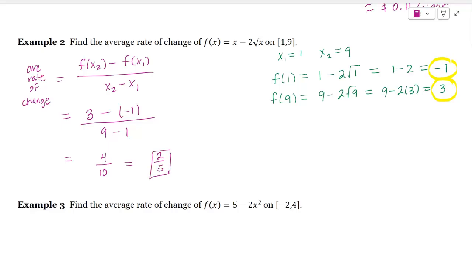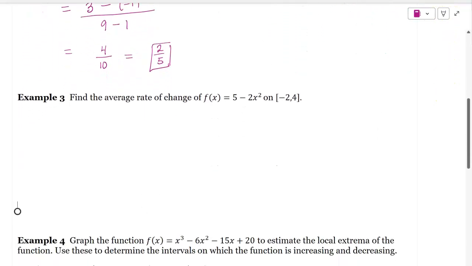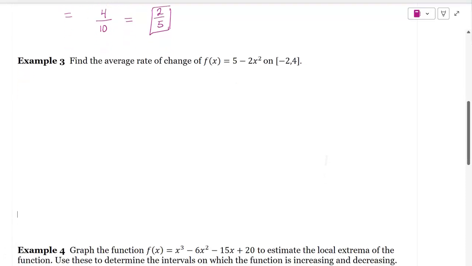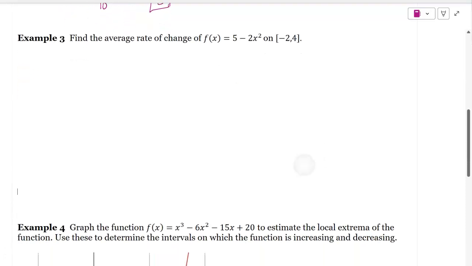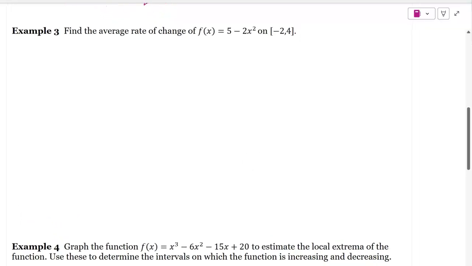Let's do another example. Let's find the average rate of change for this function between -2 and 4. So our first value, x sub 1, is equal to -2, and x sub 2 is equal to 4.